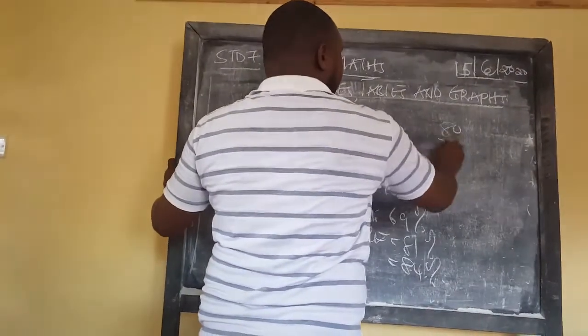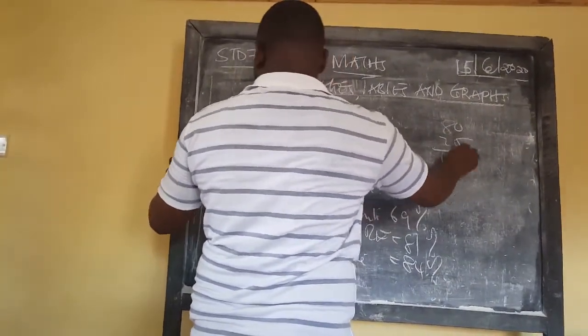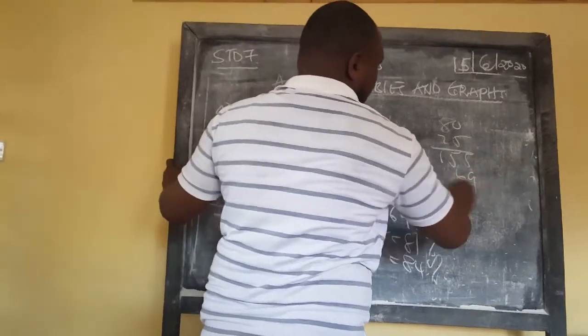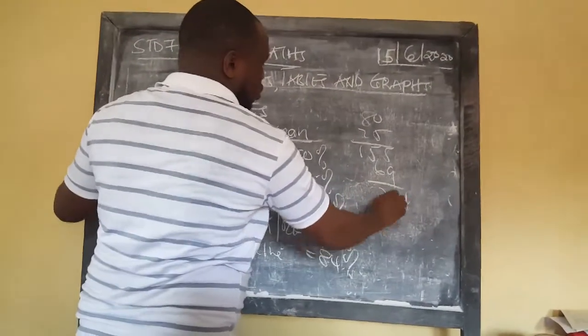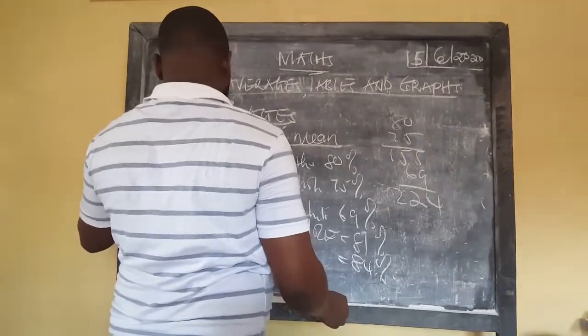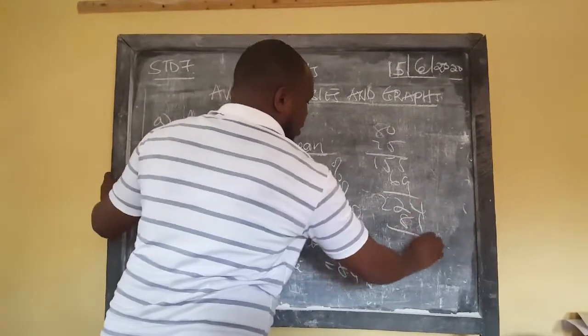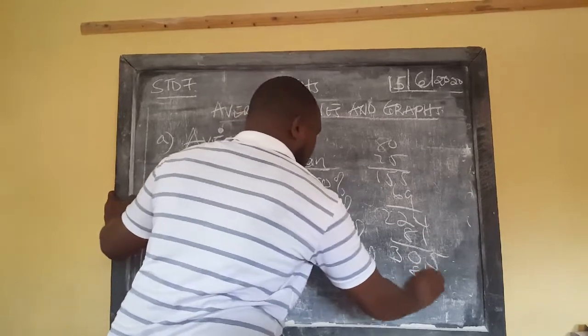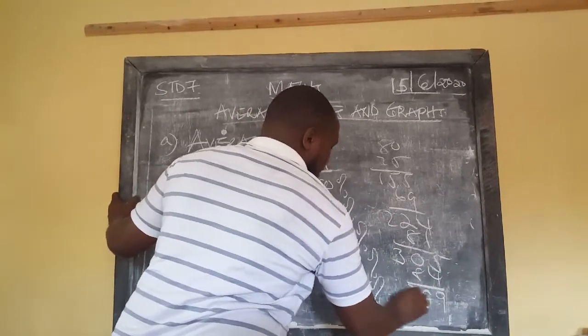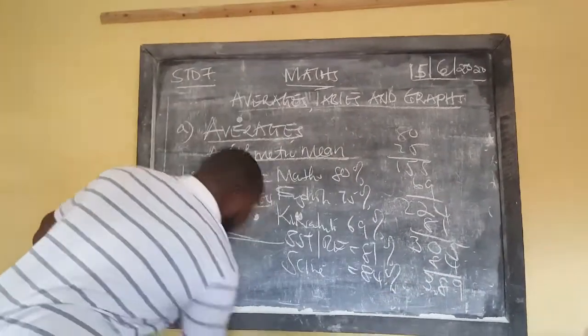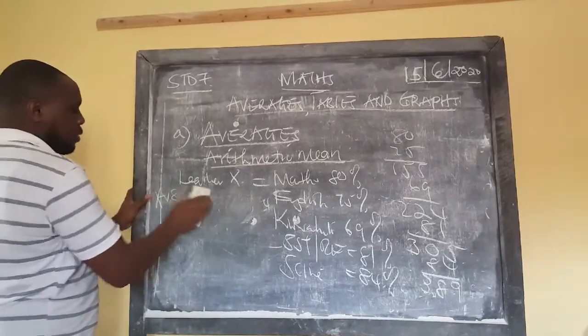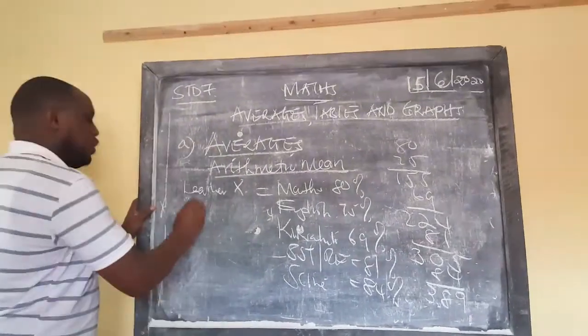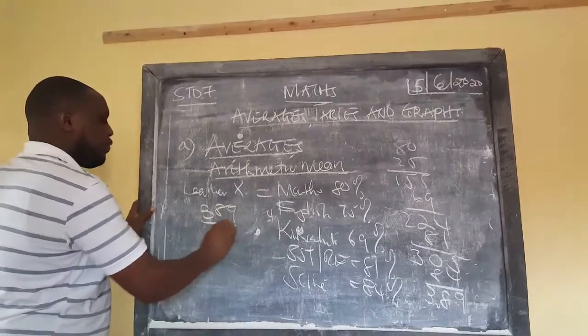80 plus 75, you get 155, 155 plus 69 gets 224, then 81, you get 305, then 84 gives 389. So if you want to get the average mark in every subject, you get 389 divided by 5 subjects.